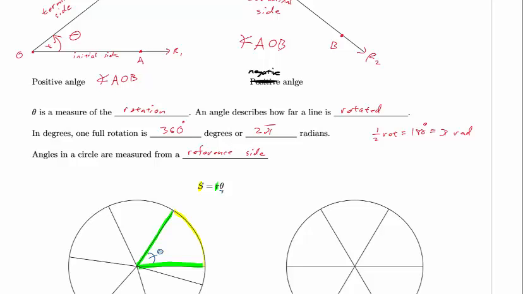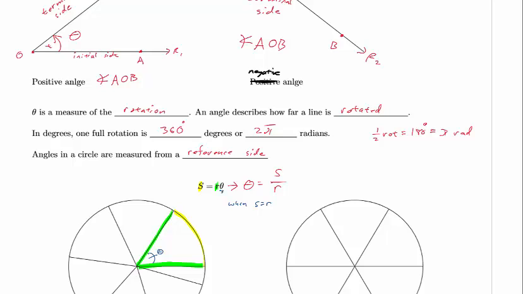Alright, so let's go ahead and rewrite this as theta equals S divided by R. And I want us to note what happens when the arc length is the same as the radius.